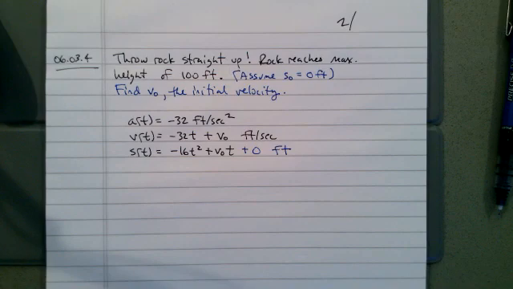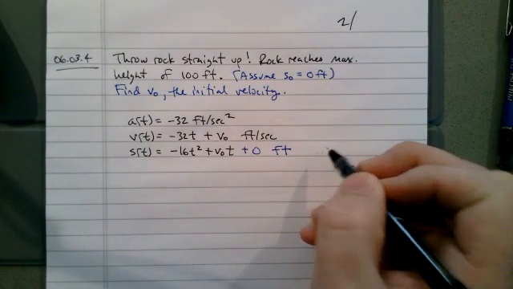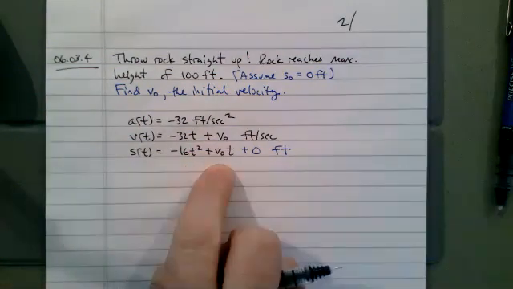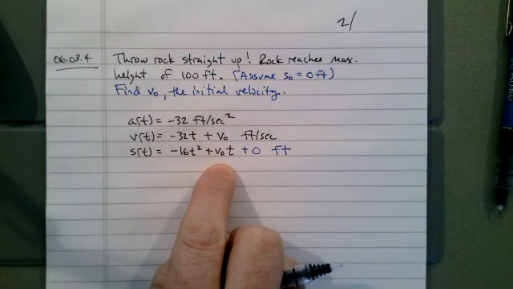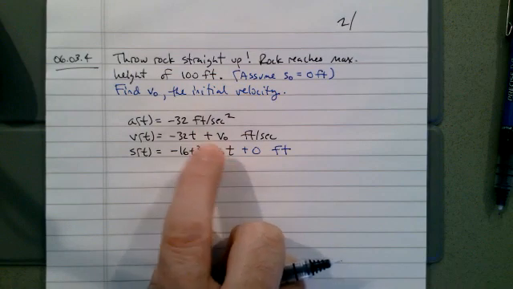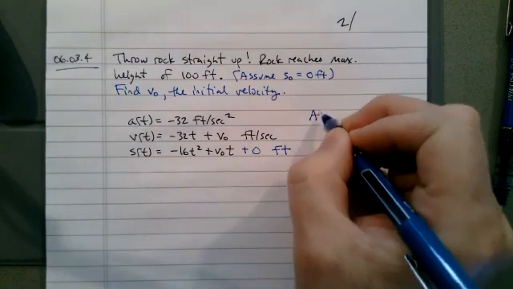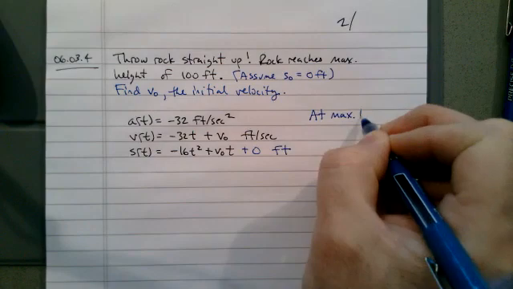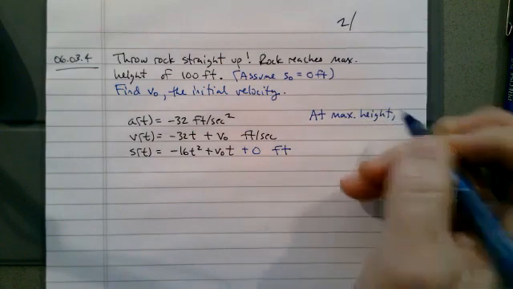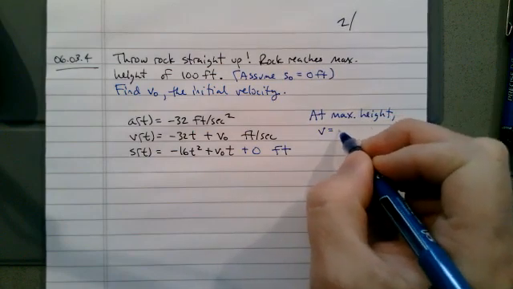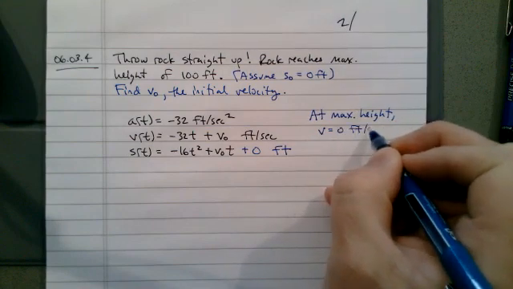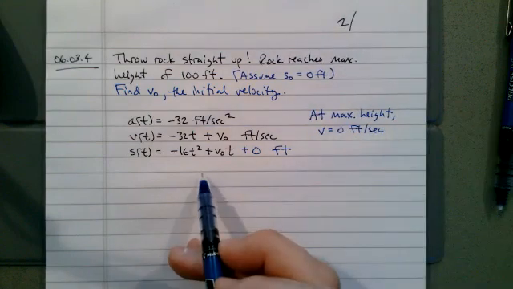So we know that s of t is equal to 100, but that's still a time and a velocity. But we also know at that time, whatever time we get from here, the velocity is going to be 0. So at the maximum height, the velocity is equal to 0 because it stops going up and starts coming down.